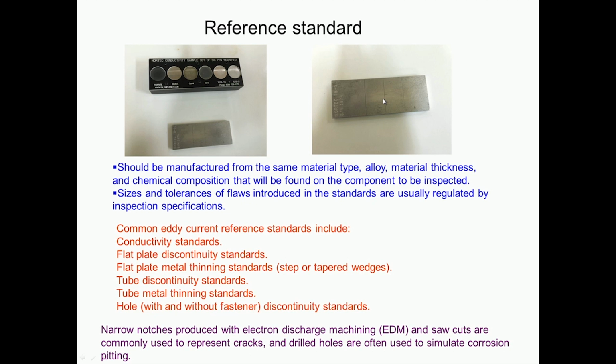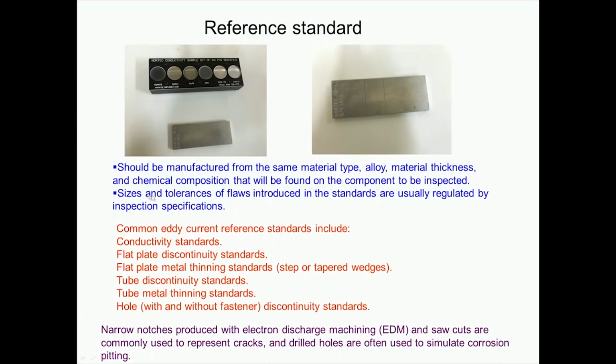Like for example, this one is made of an aluminum alloy. So, if I have an aluminum sample, I should choose this one. Similarly, if you have a steel sample, then the standard block that you are selecting for calibrating the instrument should be made of steel. Okay. So, that is the first thing that one should remember while calibrating the instrument.